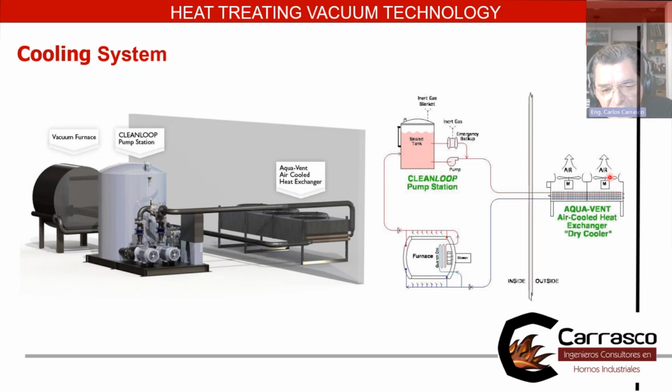Depending on the location, I have another heat exchanger which is only used to cool the water coming from the heat exchanger of the furnace. Configurations and sizes are different depending on the application. Sometimes we use cooling towers, sometimes we don't. It is totally dependent on the location and the application.